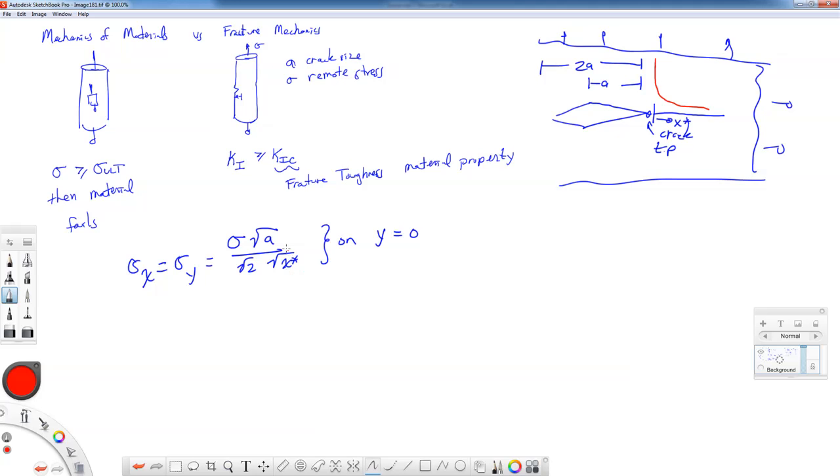So the fact that we have this term on the bottom means that we have a singularity as we approach x star equal to 0. And this other term that is multiplying that 1 over square root x term is known as the strength of the singularity.